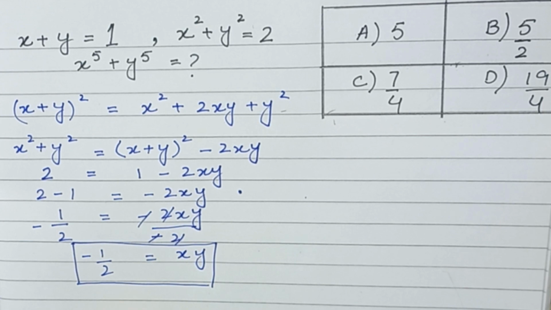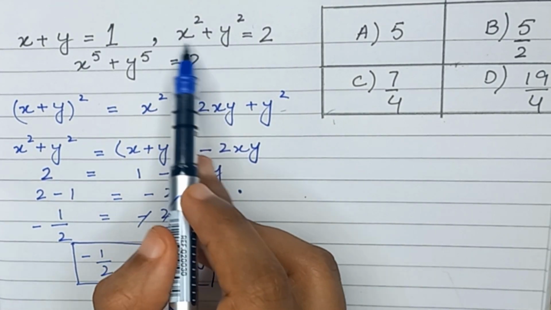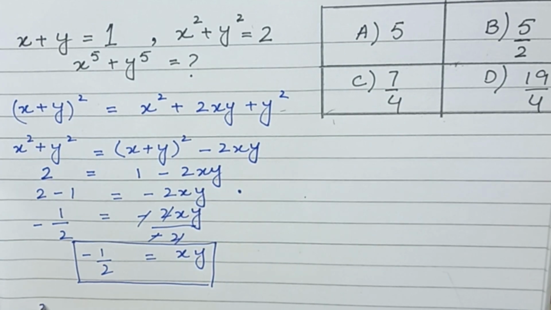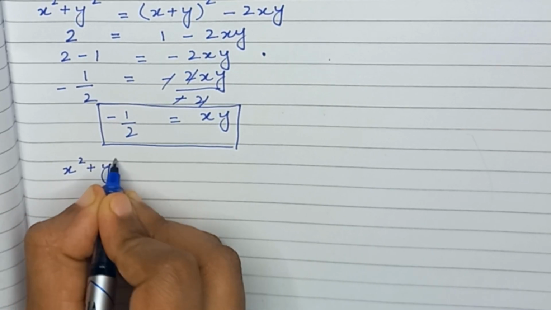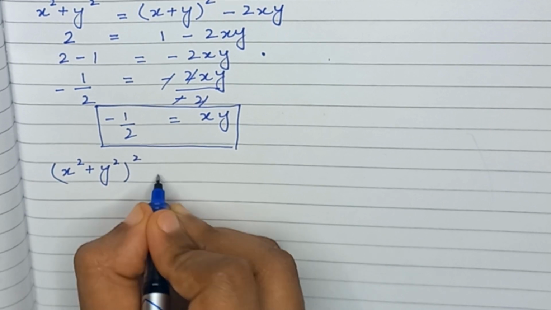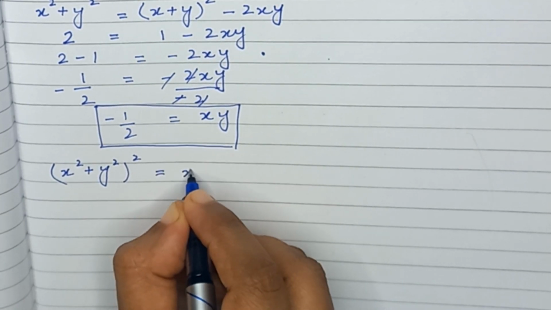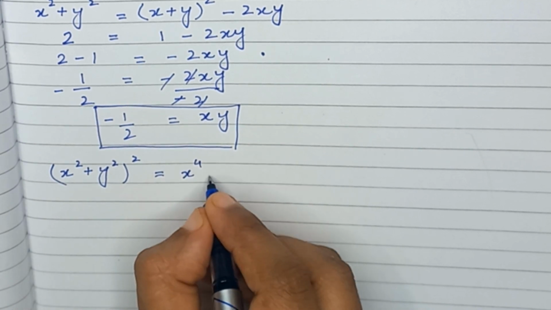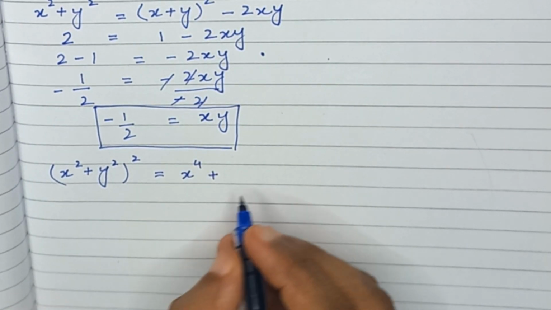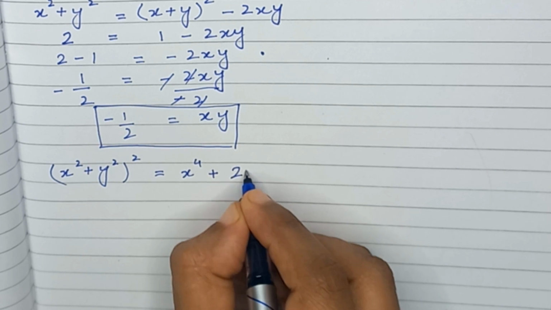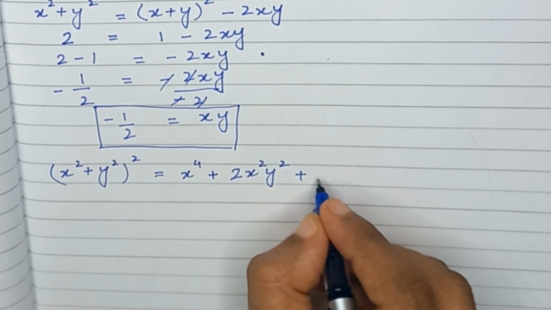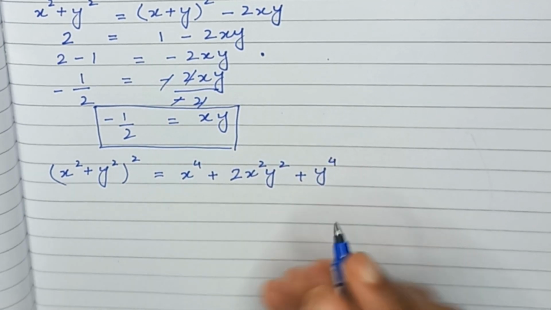Now if we take the square of this quantity, x square plus y square, and take its whole square, it will be equal to x raised to the power 4, because x square squared means x raised to the power 4, plus 2x square y square plus y raised to the power 4.